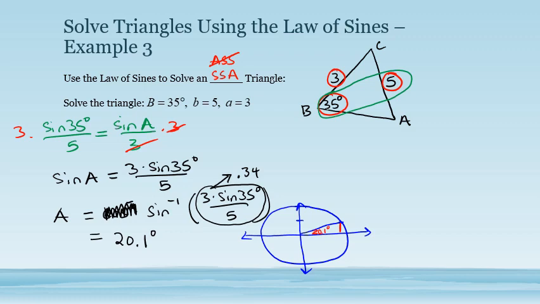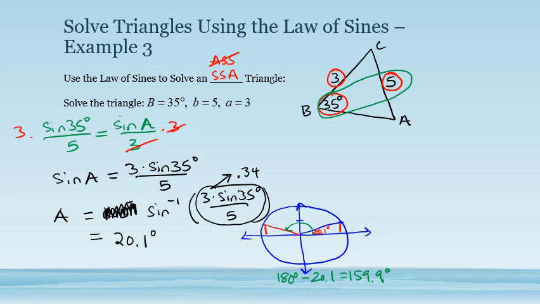However, there's another angle that would produce a sine of 0.34, and it's over on the other side in quadrant 2, right? That's also a positive sine. So I have to determine what is, from the positive x-axis, what is this angle? Well, that angle is simply going to be whatever 180 degrees minus 20.1 is. And that gets me 159.9 degrees.